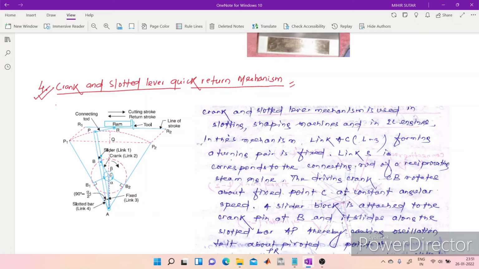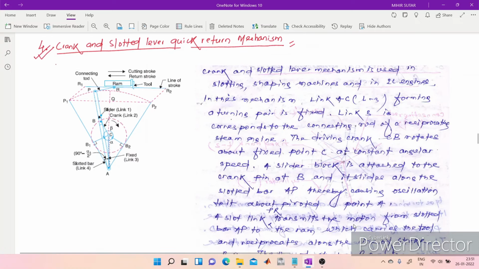Essentially it consists of a ram to which the tool is connected, on the tool post, and the ram is connected with the connecting rod. Here you can see this is the connecting rod.